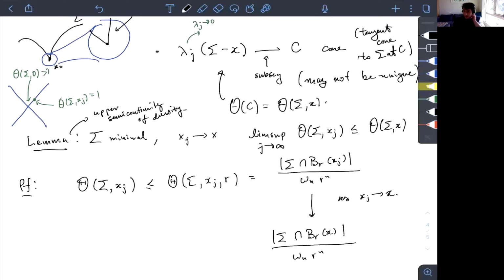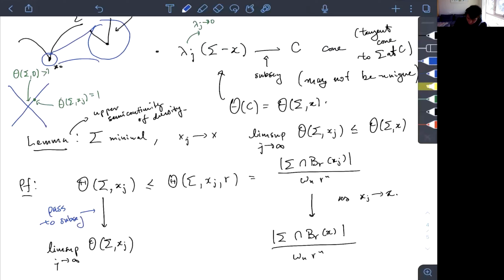Then we can choose a subsequence so that this limits to lim sup theta of sigma at xj, by passing to a subsequence.